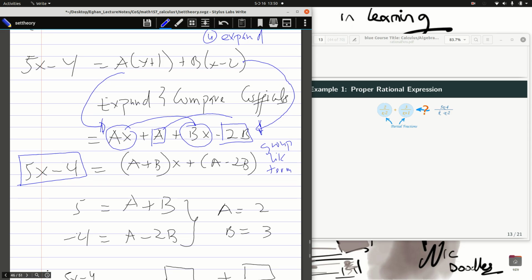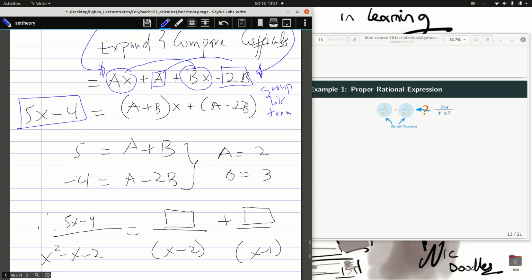That is how I've grouped the like terms. Then comparatively, x will be compared to the x, and then the constant will be compared to the constant 4. It means I have 2 simultaneous equations to solve. We know how to solve simultaneous equations, whether by elimination method or substitution method. That is up to you to do.